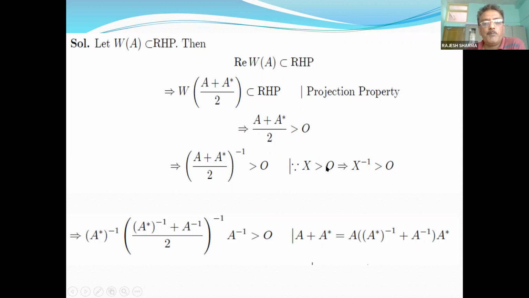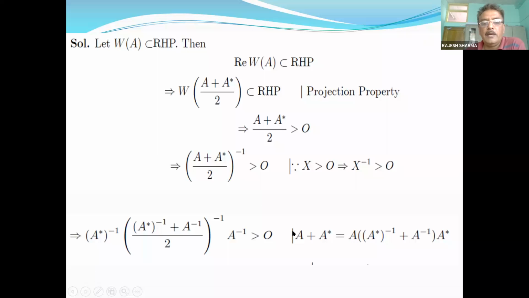Now if a matrix is positive definite, then its inverse is also positive definite. We will discuss this in detail tomorrow. So also, we can write A plus A star as A times (A inverse plus A star inverse) times A star, because when we take this inside, we get this matrix.